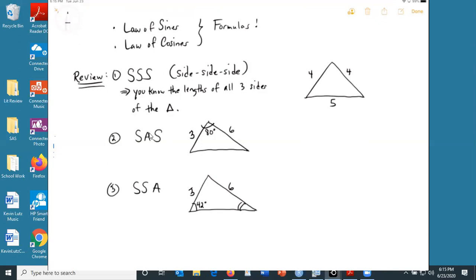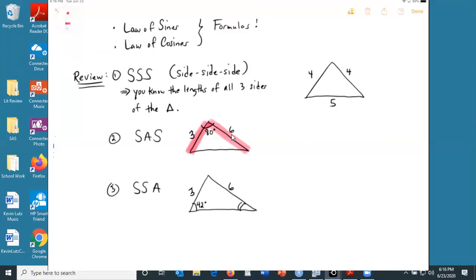The difference is, in the first one, with side, angle, side, notice how the A is between the S's. So when you take a look at the configuration that you have here, let me highlight some things. Notice where the angle is. It's at the intersection of those two sides.